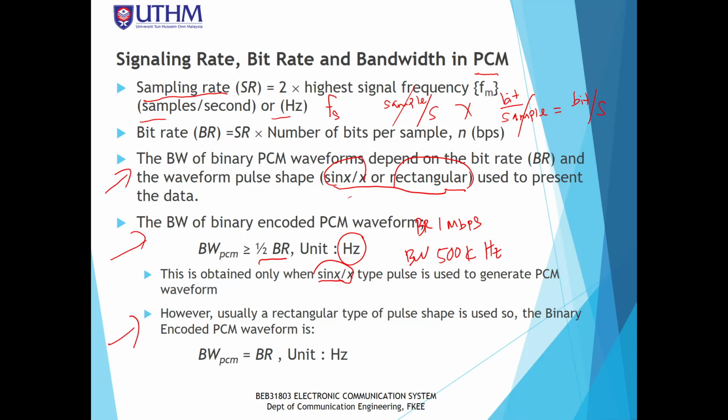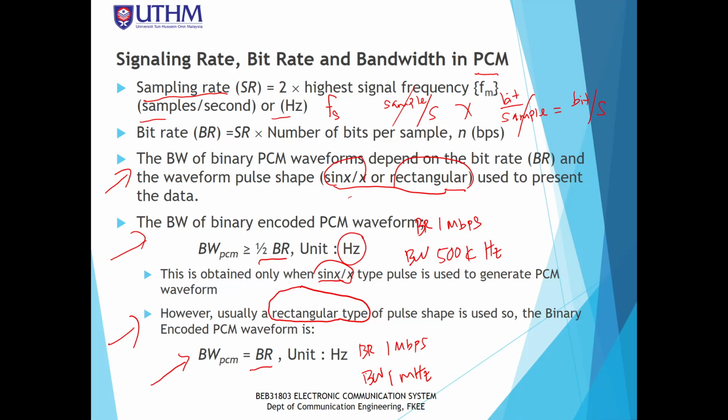However, if we use a rectangular type, usually we use rectangular. Okay? Normally we use a rectangular type pulse train during the sampling process. Okay, so we are going to produce a bandwidth of the PCM equal to the bit rate. Okay, so if the bit rate is 1 megabit per second, then the bandwidth is 1 megahertz. Okay, bit rate and bandwidth.